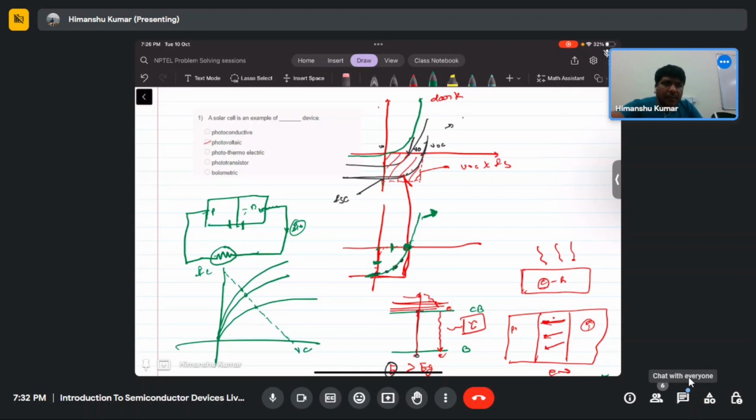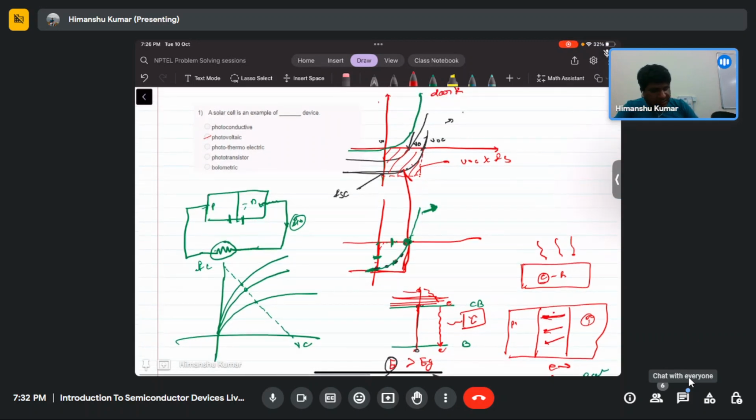So, a solar cell is an example of which effect? Basically, photoconductive devices are based on this: your conductivity or resistivity changes with the application of light.